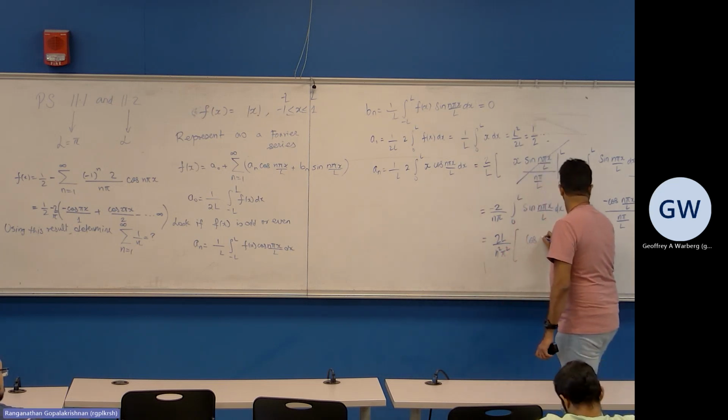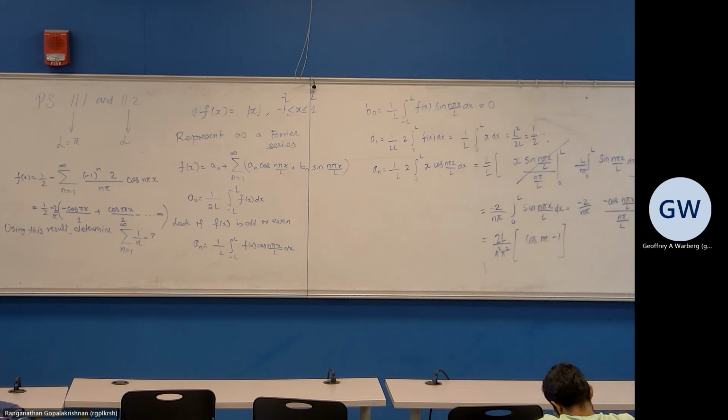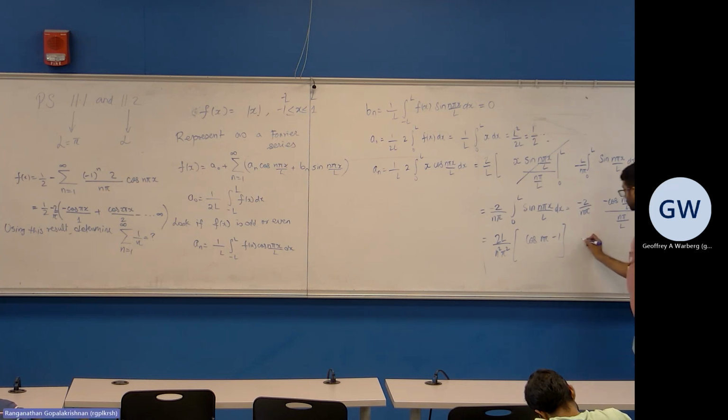Upper limit is cos n pi, lower limit is 1. So this is 2L divided by n squared pi squared times (-1) power n minus 1.